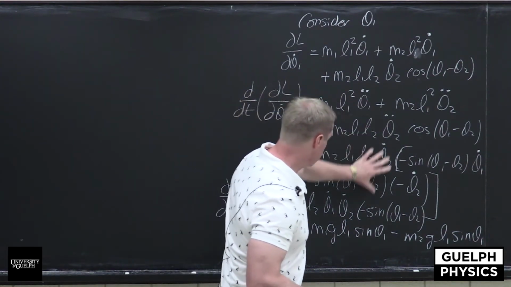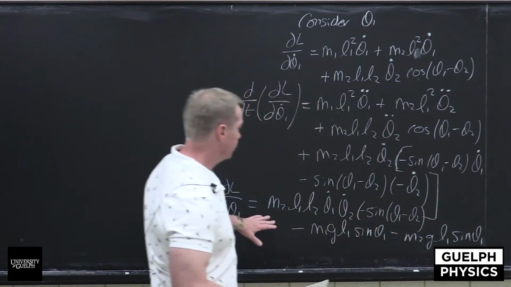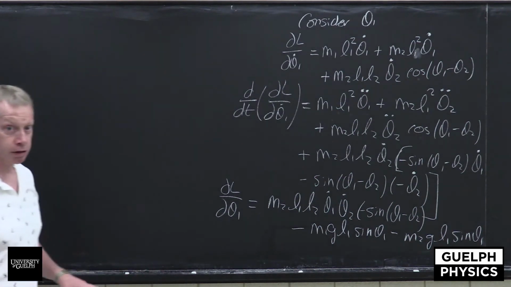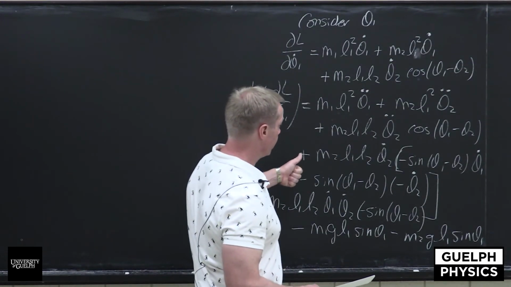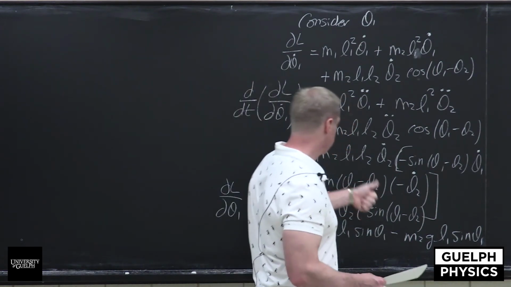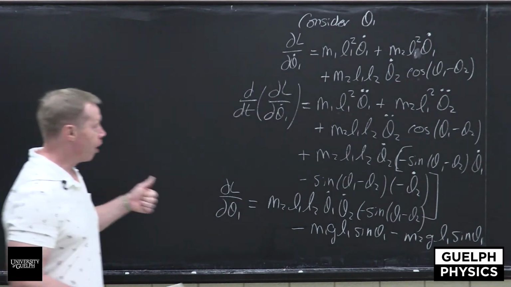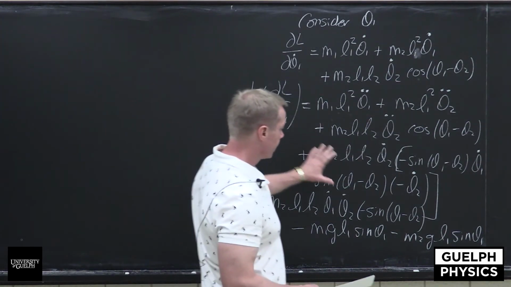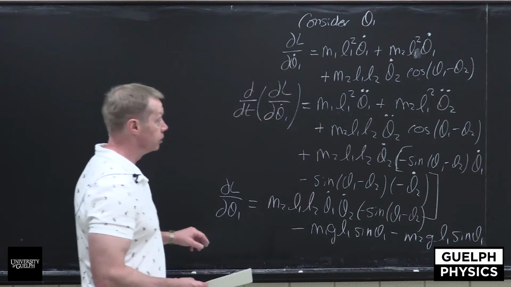So it's these terms minus these terms, and we set all that equal to 0.